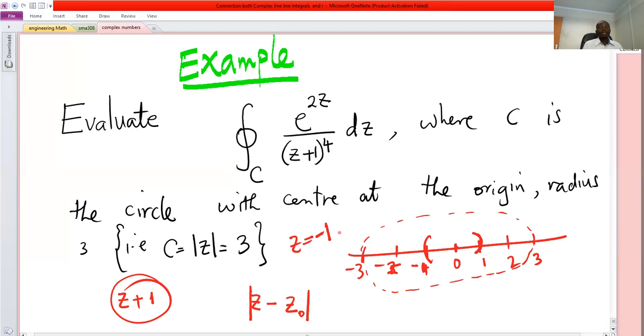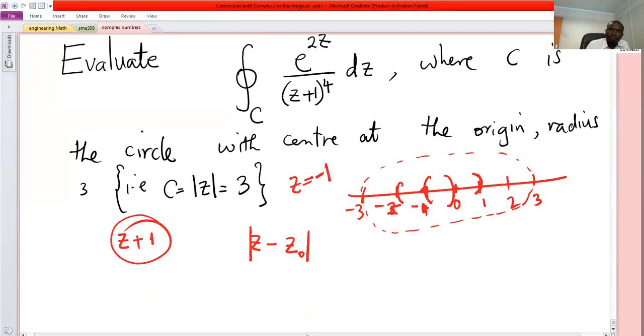Actually, this is what it means. The point z equals to -1. So if you draw a circle here of radius 1 unit, then it will be within this circle of radius 3 units. So that means that the Cauchy integral formulas work.